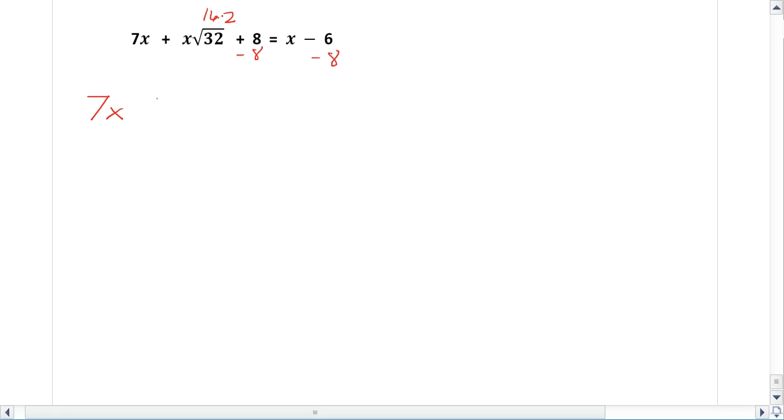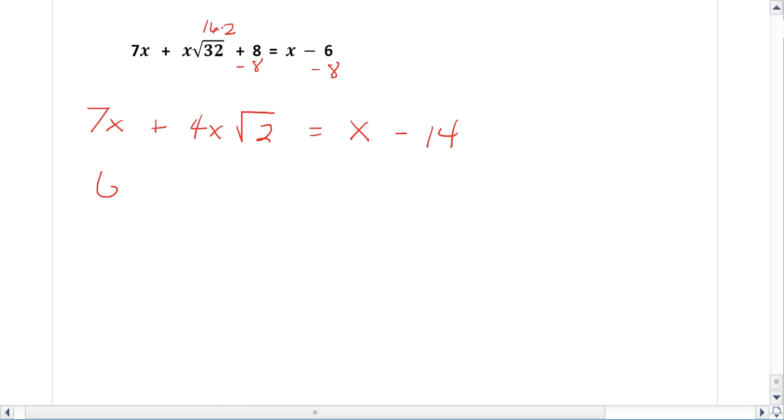So we'd have 7x, square root 16 is 4, so let's bring that 4 out in front, and we leave the 2 behind, and then that would equal x minus 14. And I still want to get all my x's on one side of the equation, so let's subtract an x from both sides. And then we'd have 6x plus 4x square root 2 equals negative 14.